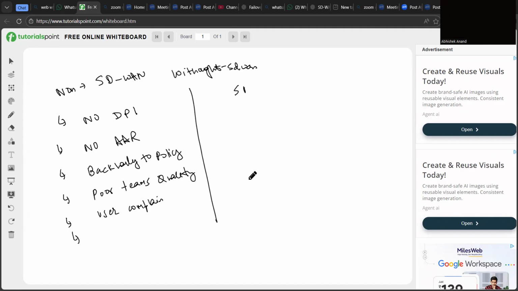With SD-WAN, what will happen? If you are on the SD-WAN, same Teams traffic, application aware routing, real-time SLA monitor, secure DIA because you have a UTD engine, and users are always happy.